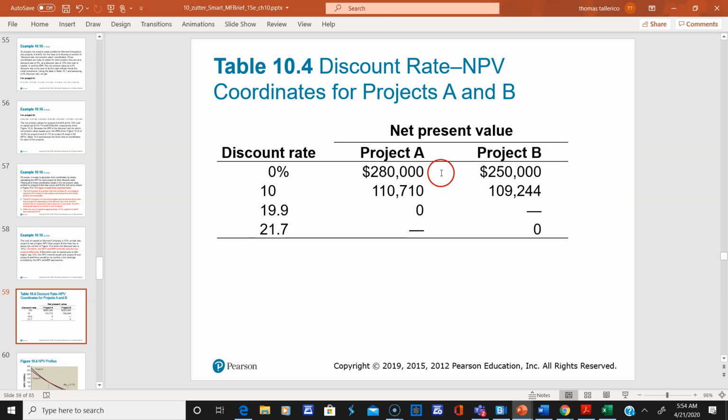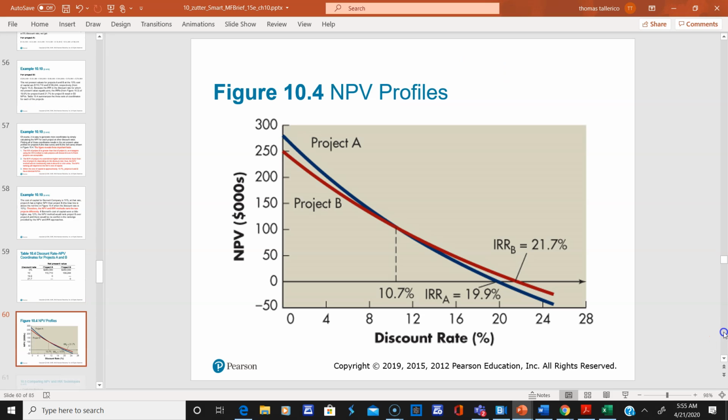At 0, this project has a higher net present value, and at 10, this project also has a higher net present value. But look at project B. It's got a higher internal rate of return. So you can clearly see there are dilemmas when dealing with these.